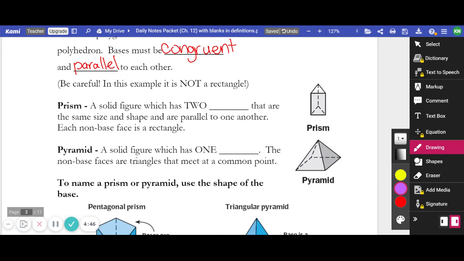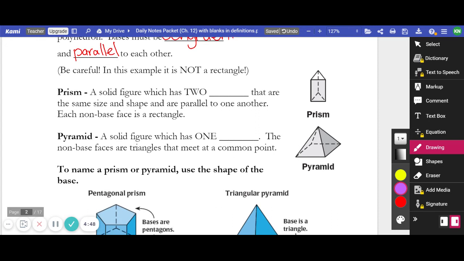Okay, two more important words for us this chapter 12. Prism. A solid figure which has two bases that are the same size and shape and parallel to one another. So that's repeating what we said before. This is the different part. Each non-base face is a rectangle.